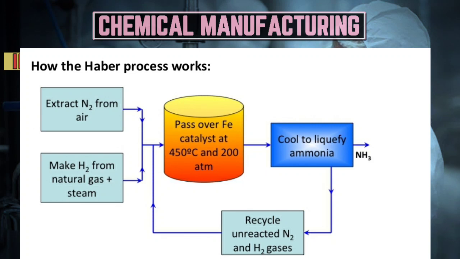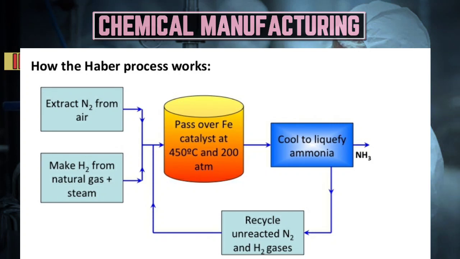Then the unreacted gases are recycled back into the system and the process continues. So in this process, the reactants are used efficiently, they are not wasted. The energy used to make the reactants is not wasted, thereby giving us a reasonable yield of ammonia, made as quickly as possible.